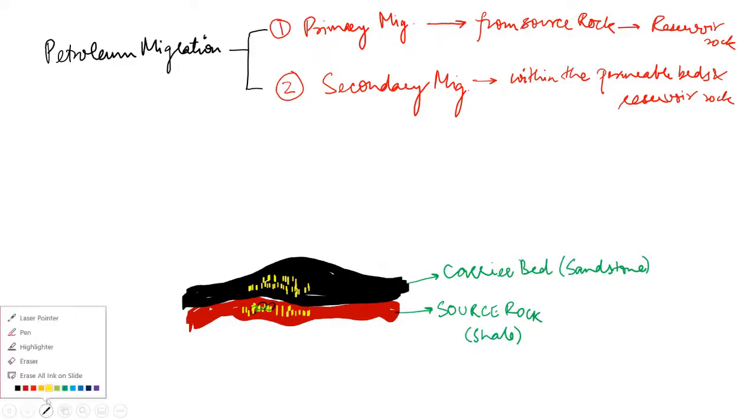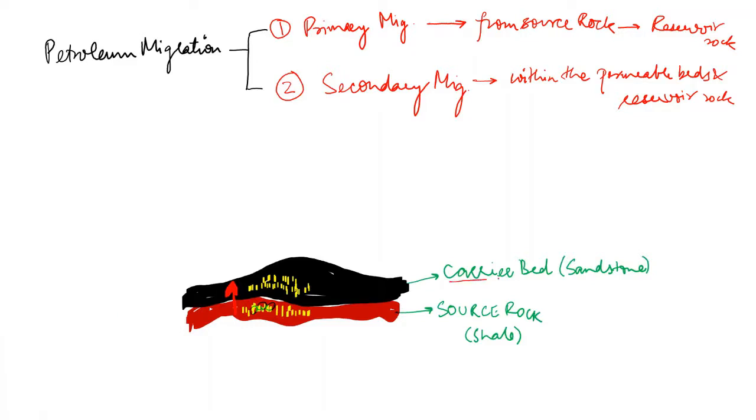Okay, so in this case we can see that there is a vertical movement from the source rock to the carrier bed, to the permeable beds. And this permeable bed, once it starts accumulating the oil or the hydrocarbon, then it becomes the reservoir rock.